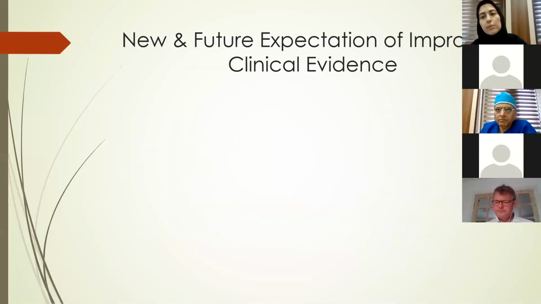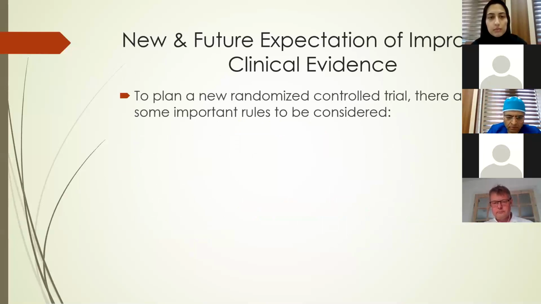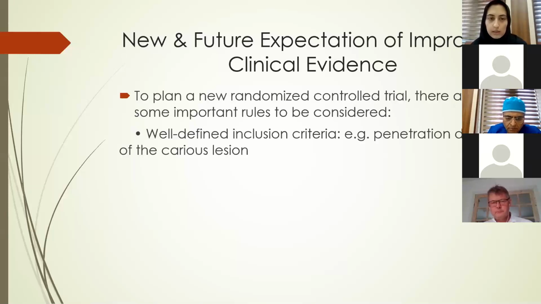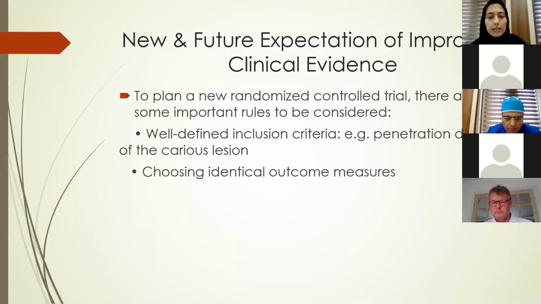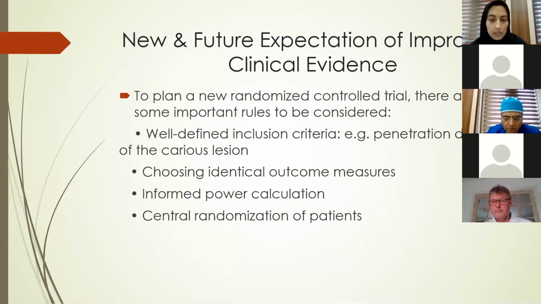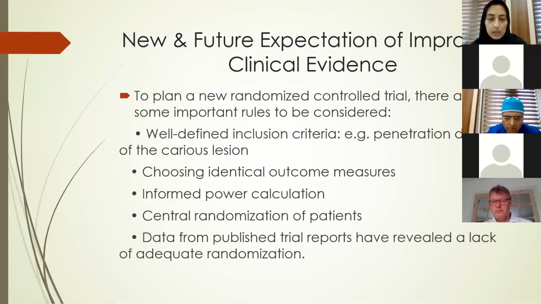About new and future expectations of improved clinical evidence, in order to plan a new RCT, there are important rules to be considered. The first one, we should have well-defined inclusion criteria, for example, penetration depth of the carious lesion, choosing identical outcome measures, informed power calculation, central randomization of patients, and data.